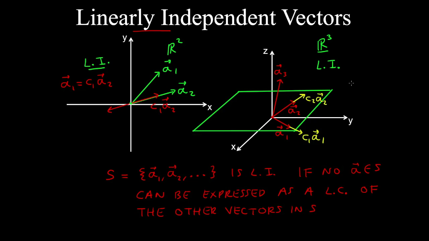Now if we try to express A3 as a linear combination of vectors A1 and A2, so we have C1A1 plus C2A2, we can see that this is not possible, because when we sum these two vectors, the resulting vector is still on the plane. Therefore A3 cannot be expressed as a linear combination of A1 and A2, and therefore the three vectors are linearly independent.